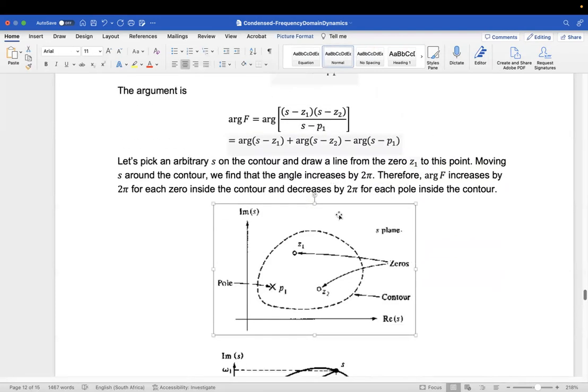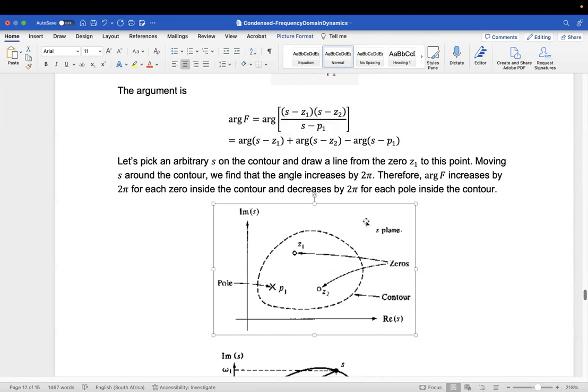So in fact, it's quite obvious when you look at this simple example that yes, our function F is constructed in this way. Each of these factors go through 360 degrees, and depending on where they are sitting in the function F, they will either increase or decrease by 360 degrees.